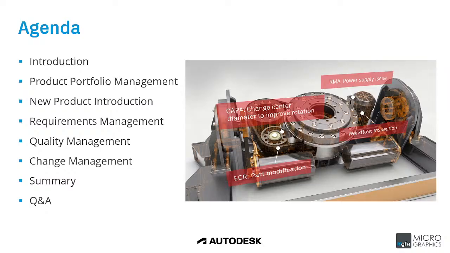This will be followed by overviews of the following features and templates within Fusion Manage: the product portfolio management section, new product introduction, requirements management, quality management, and finally, change management. I'll then close off the webinar with a summary and Q&A.